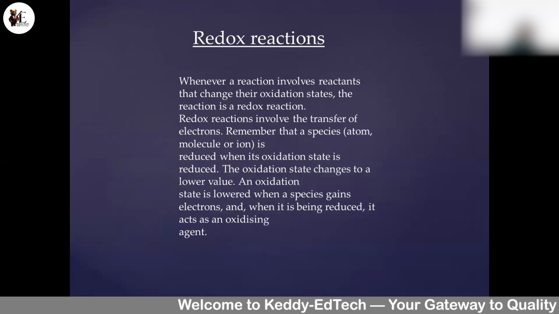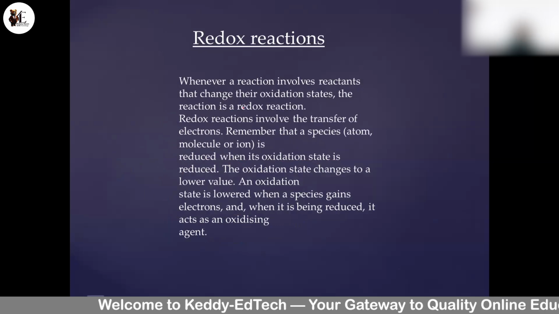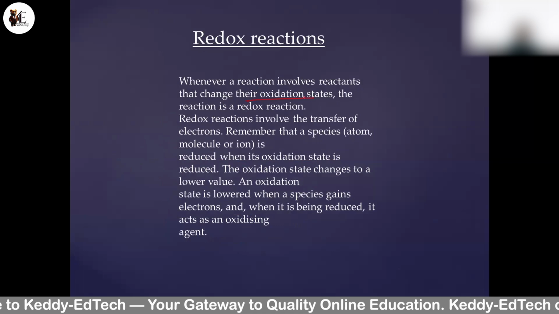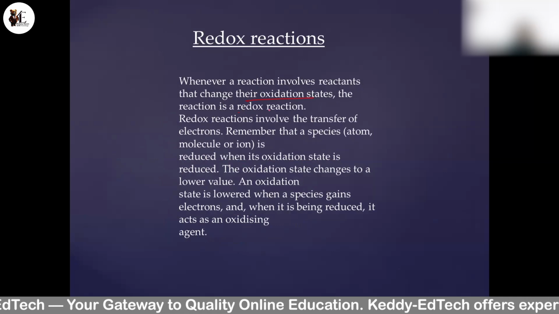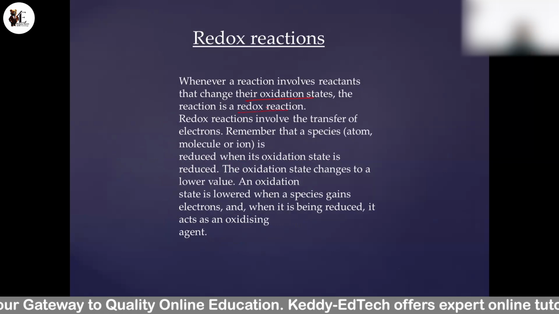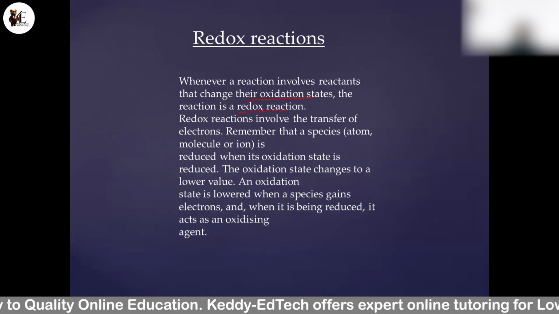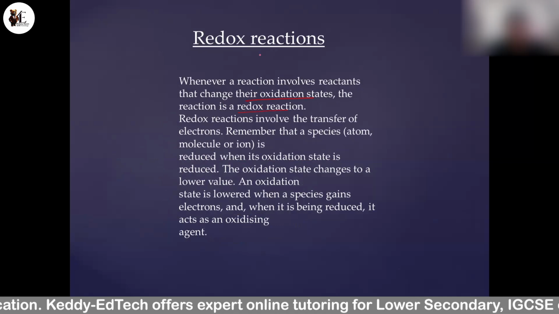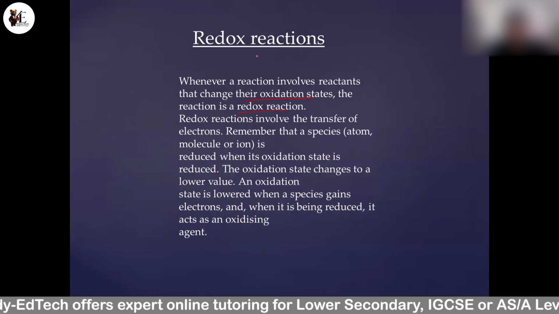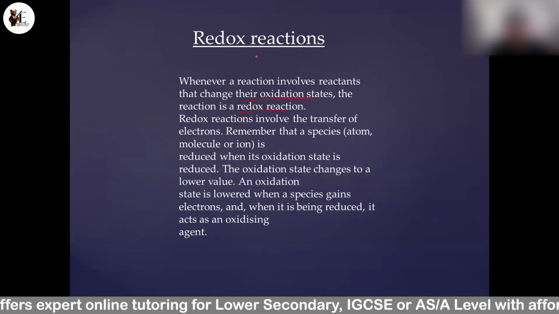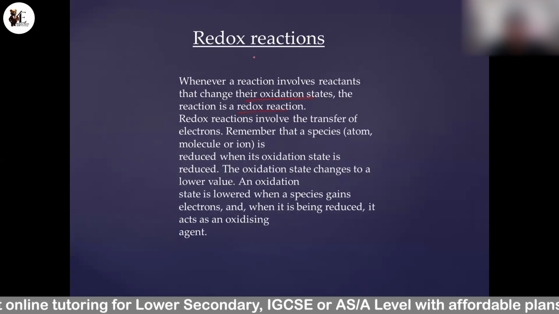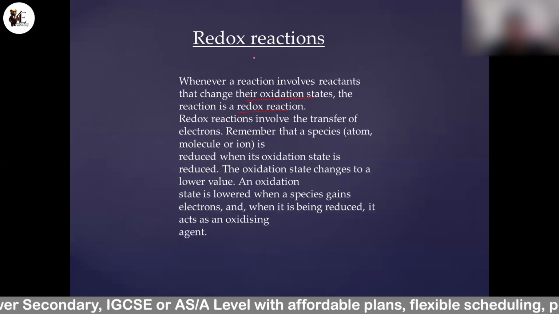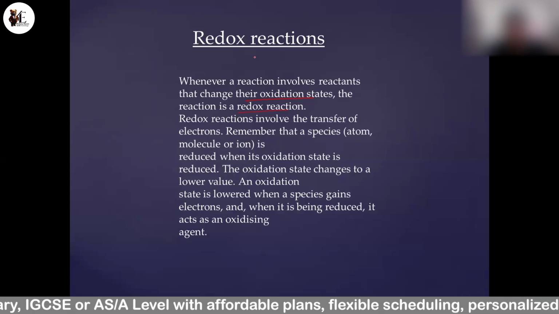Next is redox reactions. Whenever a reaction involves reactants which change their oxidation state, that reaction is known as a redox reaction. Can you tell me the difference between oxidation and reduction? Oxidation is the gaining of oxygen, and reduction is the losing of oxygen. Reduction is gaining electrons, whereas oxidation is losing electrons.